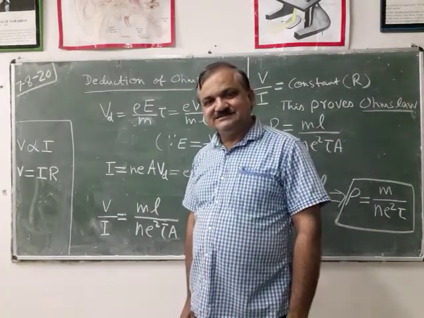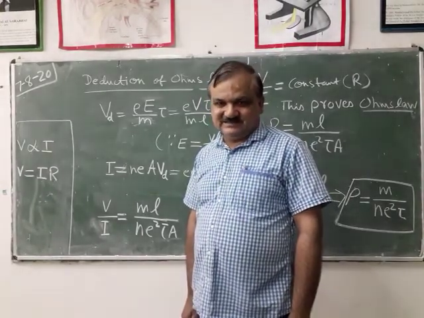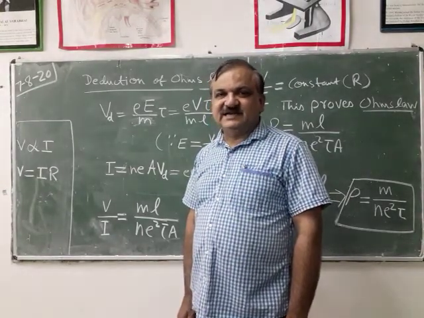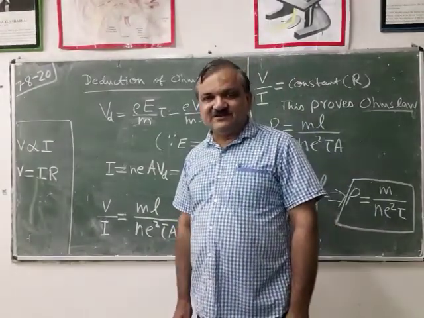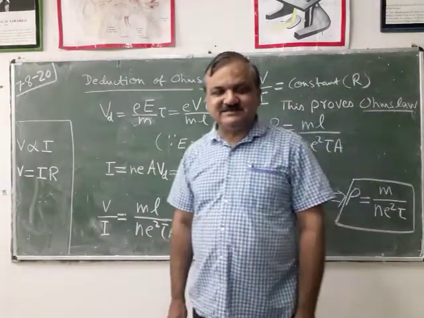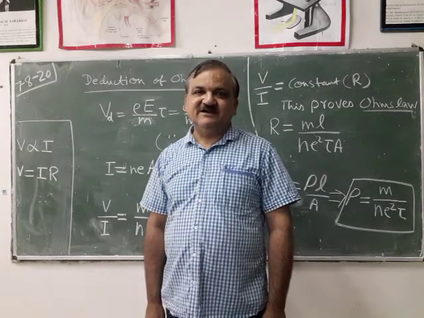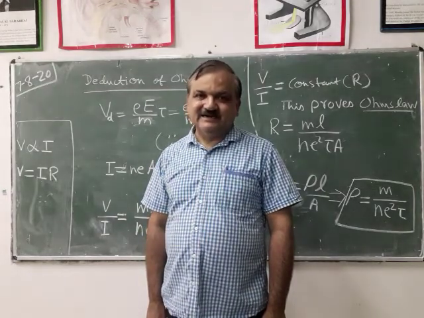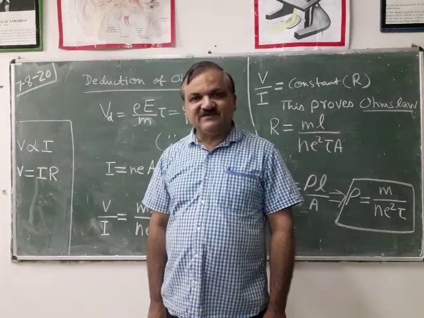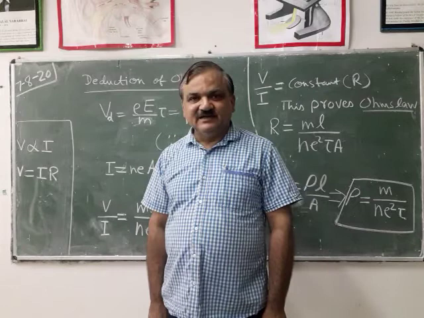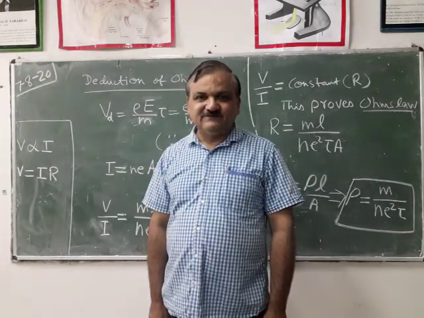As you know, drift velocity is the average velocity of electrons in a conductor by which electrons move towards the positive end of the conductor under the effect of an external electric field.